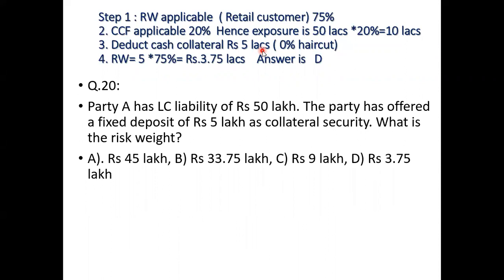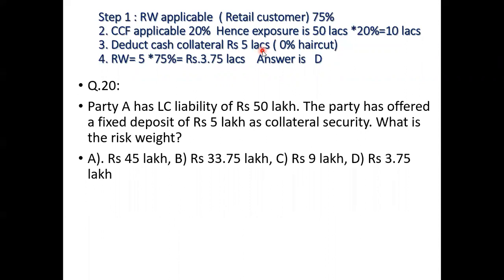CCOD, whatever undrawn balance, 20% CCF. Suppose in a term loan, the term loan may be availed in the next year, 50% CCF. After 1 year, whether it is 2 year or 3 year, the CCF is 50%. Current year 20%.